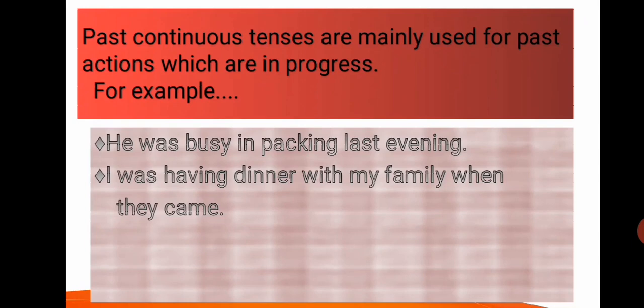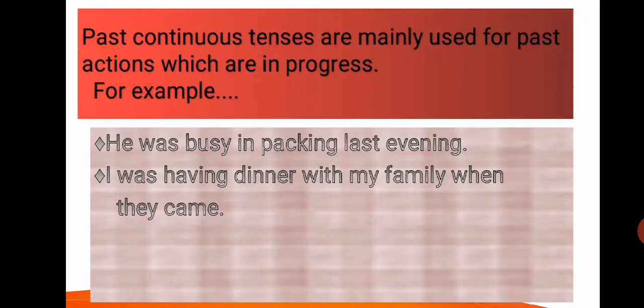Let us see some examples of it. First example, he was busy packing last evening. Now, see in this example, I am talking about last evening, and the action was taking place in the last evening. So, what I want to convey is that the work is happening in the past, but because it was in process at that time, we have used the ing form here.